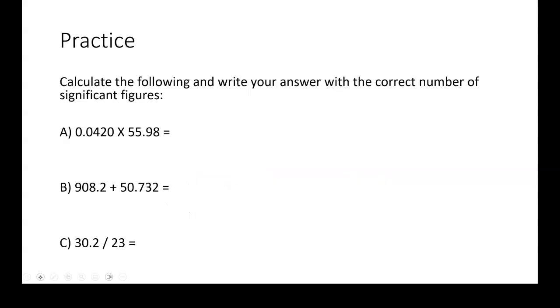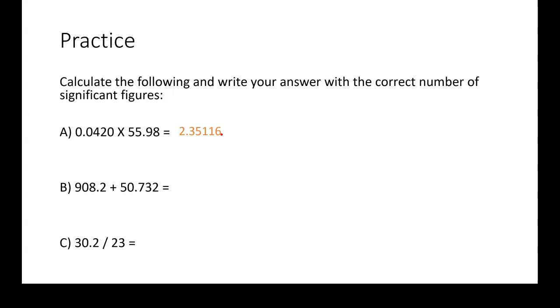So here is some practice, and if you would like, you can pause here and try it on your own. I'm going to show the whole answer as I put it in my calculator, and then I'll show you how to round it. So here we have 0.0420 times 55.98, and my calculator says 2.35116.